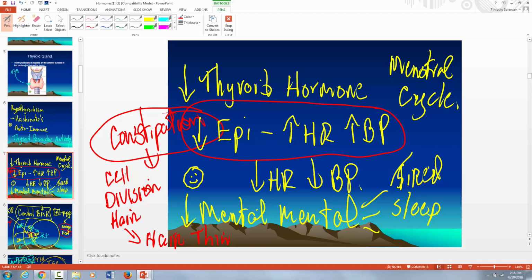So these people may develop hypotension, right, or severe bradycardia where it's systematic. And then the mental function, right? Again, thyroid hormone tends to speed things up. Lack of thyroid hormone is going to slow mental functions down.